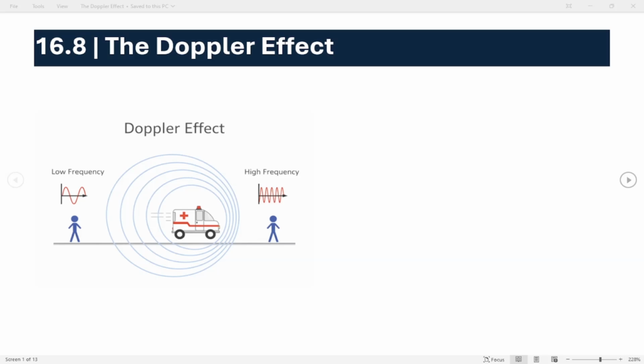Now, in the Doppler effect, we have two things that we have to consider here: the frequency of the sound at the front of the moving source, and also the frequency of the sound at the back of the moving source, in this case, the ambulance.